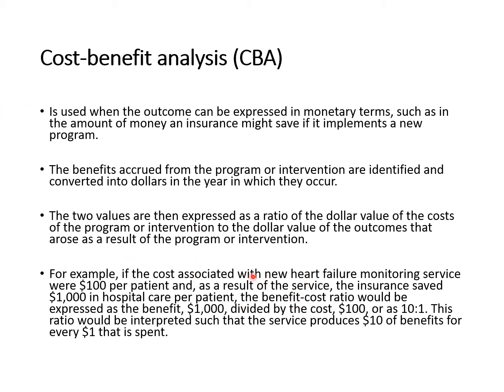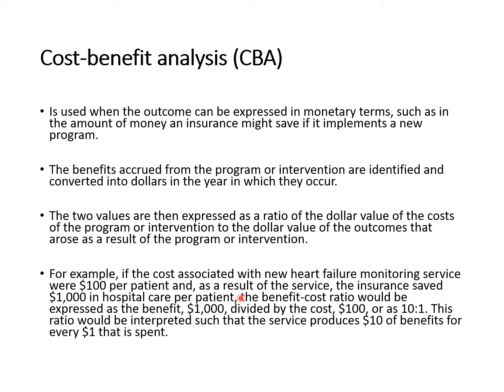An example, a new heart failure monitoring service implemented by an insurance company. Now the cost per patient is $100 and the benefit that arose from this intervention or program is estimated to be $1,000 per patient in hospital care.